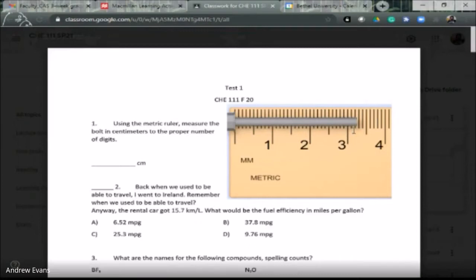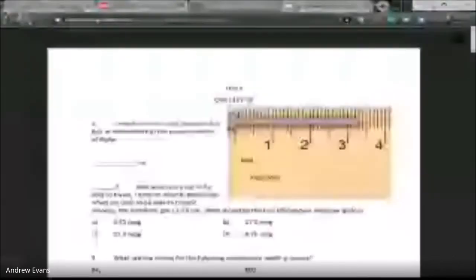So it's 3.2. And if we look here very carefully, it's somewhere between 2 and 3. The place between 2 and 3 millimeters is the estimation point. So here's where there's a little bit of fudge factor. Depending on how well you look at that, you could say 3.24, maybe you're going to say 3.23. I'm willing to accept a variety of answers as long as it's not too outrageous.